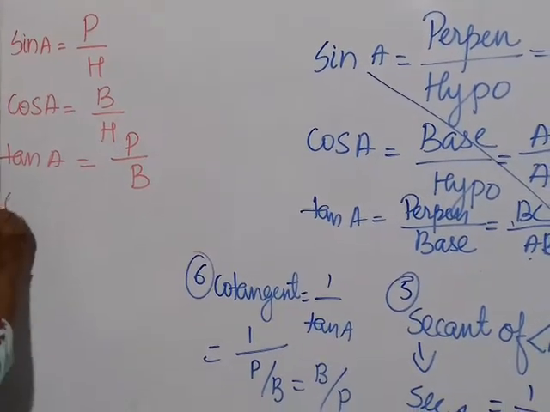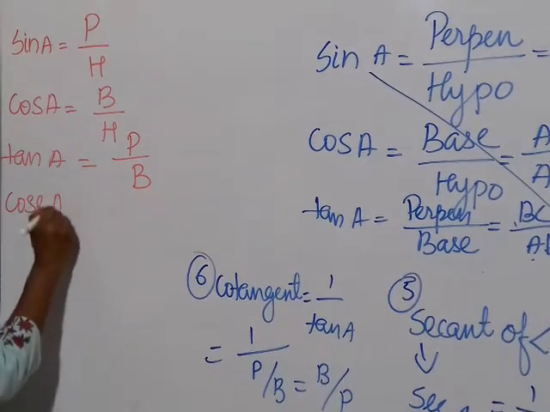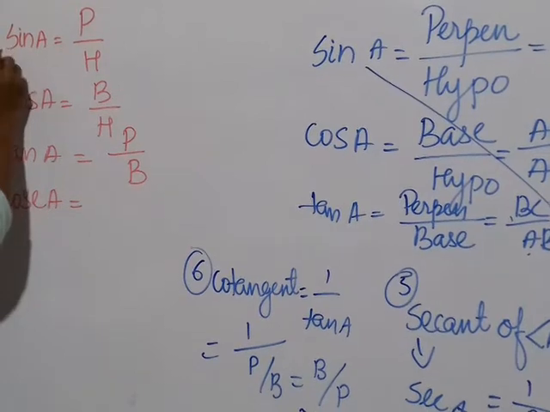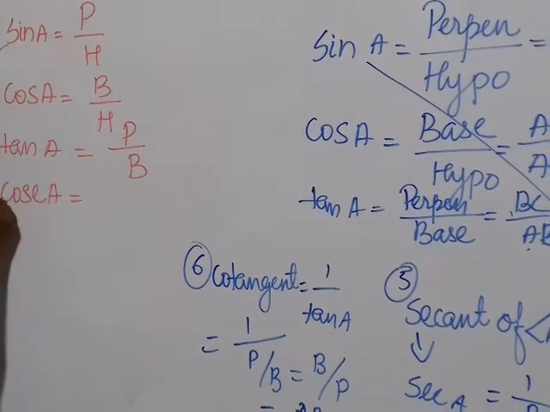Now, cosec. Cosec A is opposite to sine. Sine's opposite is cosecant.